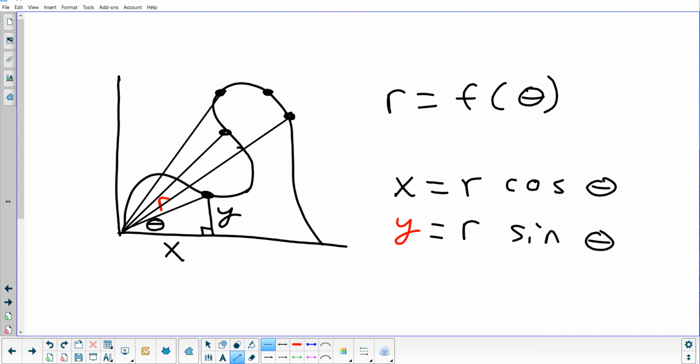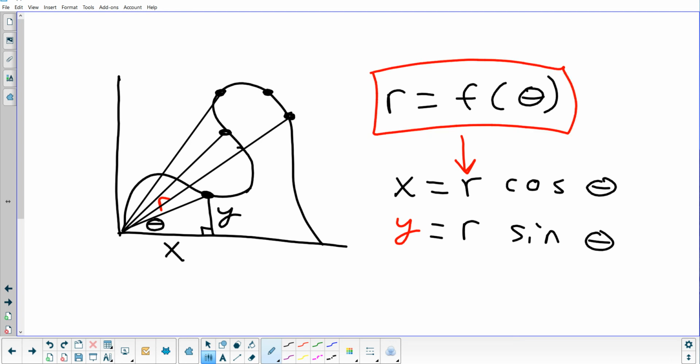They all have a different radius, which means they all have a different x and y. They still have an angle. They're all going to have some angle theta that you had to rotate, but they're all going to go out different amounts. So this value right here is not a fixed value. It changes. You have to be able to calculate it. While in polar, that's exactly what the formula does for you.